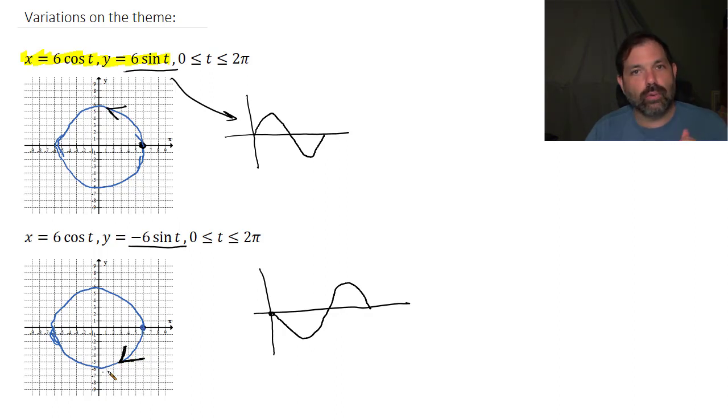And again, this direction doesn't seem very important now, but it becomes important, especially in Calculus 3, because it'll turn out that depending on the orientation of this curve, we get different values for a certain kind of expression that we're going to evaluate based on this. So we have to be very careful about the orientation.